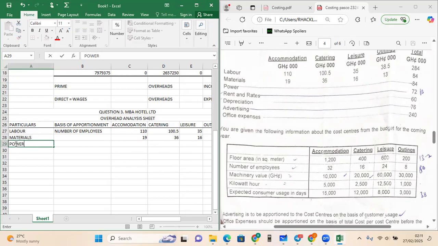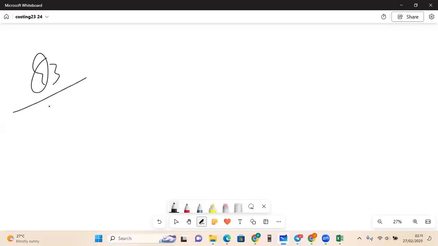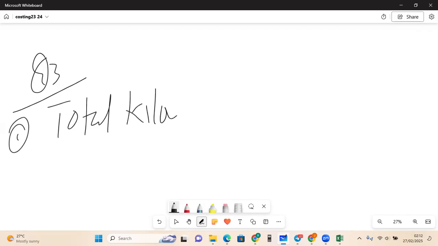Power. For the power, the basis of apportionment is going to be the kilowatt hour. Right. So now working here, let's add the total kilowatt hour.